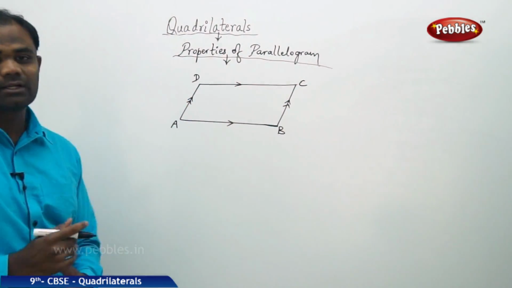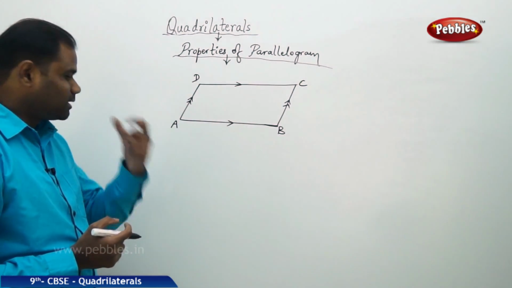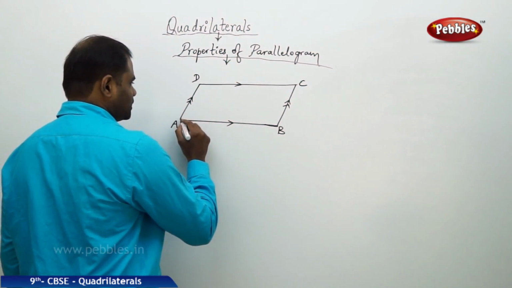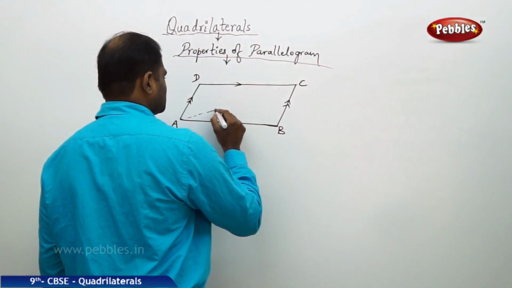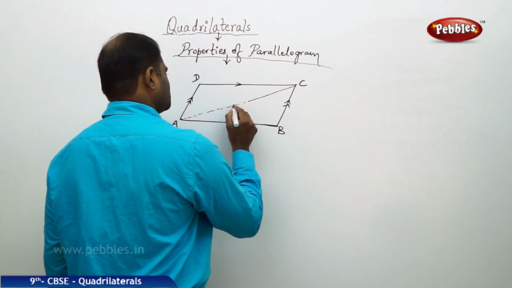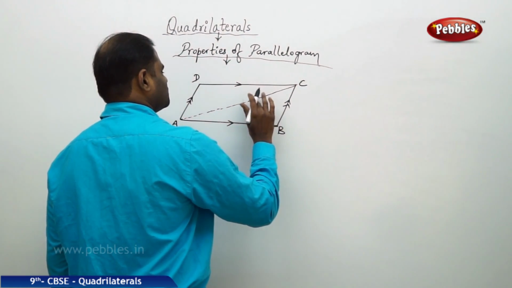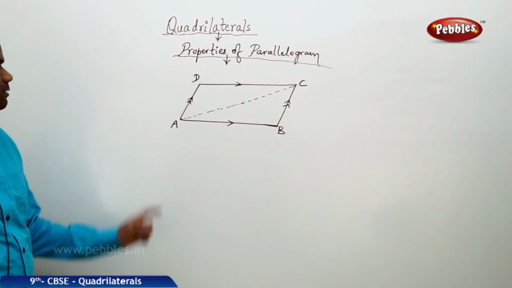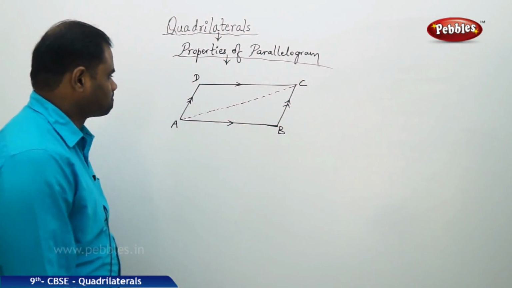Now the property which connects the parallelogram is with the diagonal. Imagine I connect the diagonal AC, which connects the two alternate points.